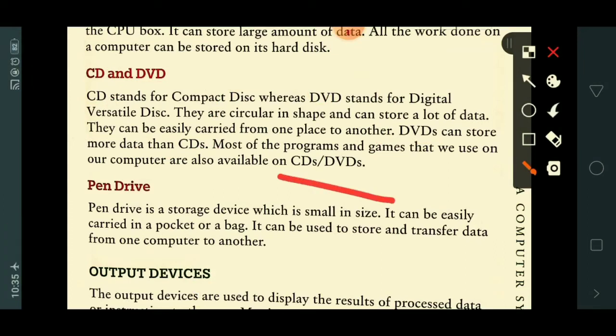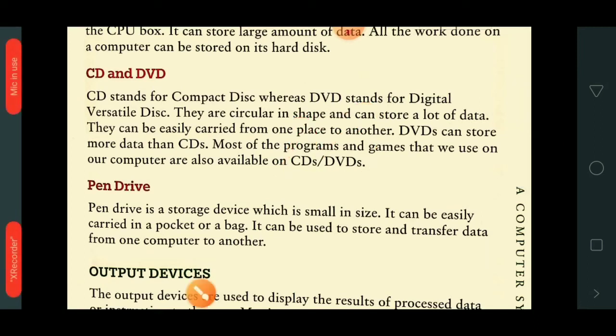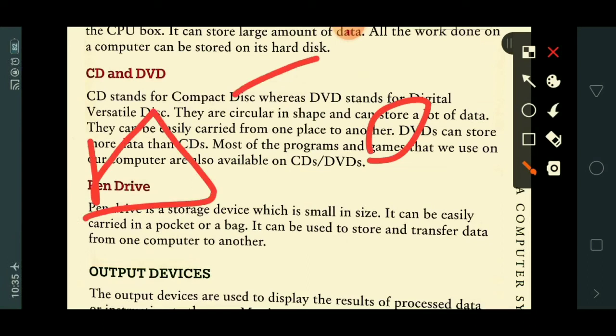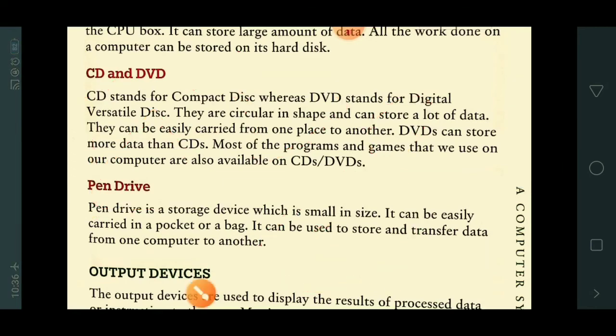So if you want to copy your game from one computer to another computer, you can use a CD or DVD. The shape of a CD or DVD is circular.